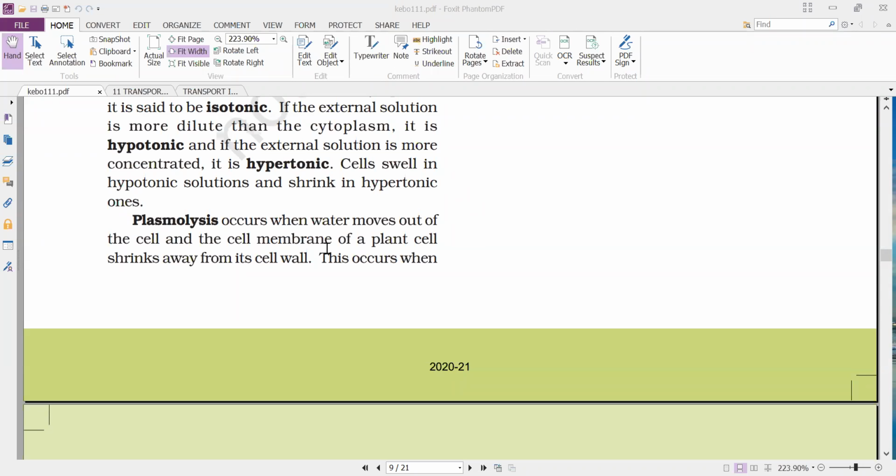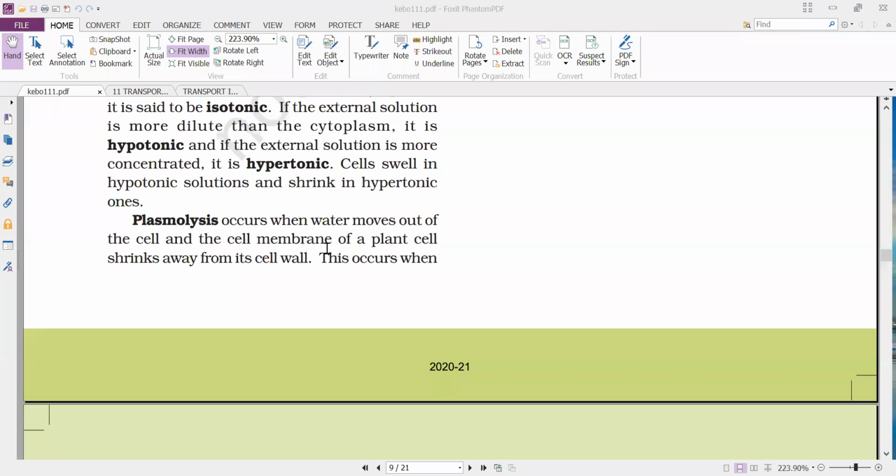When you observe plant cells, along with the plasma membrane, surrounding the plasma membrane, we find another outer covering, which we call the cell wall, which is tough and rigid and does not allow the plasma membrane to extend beyond its limit.